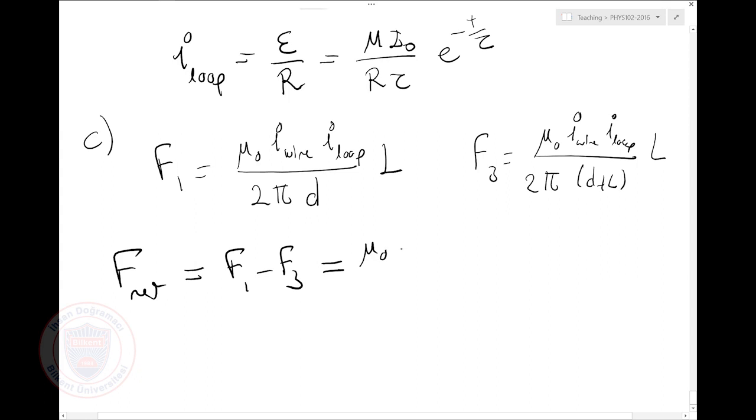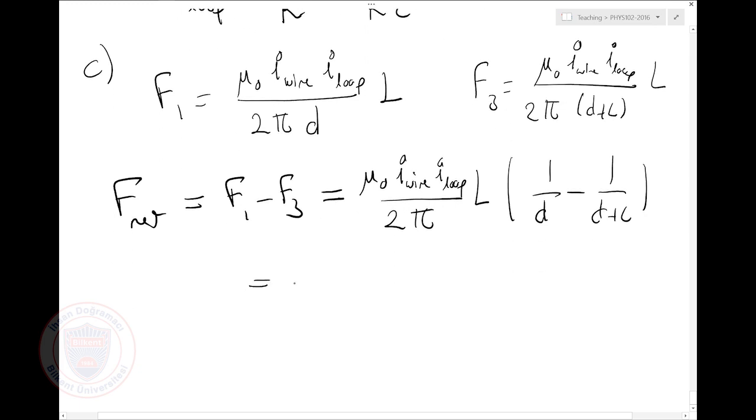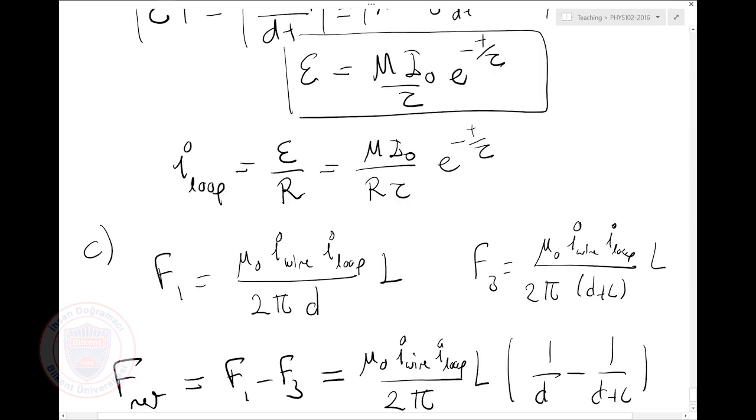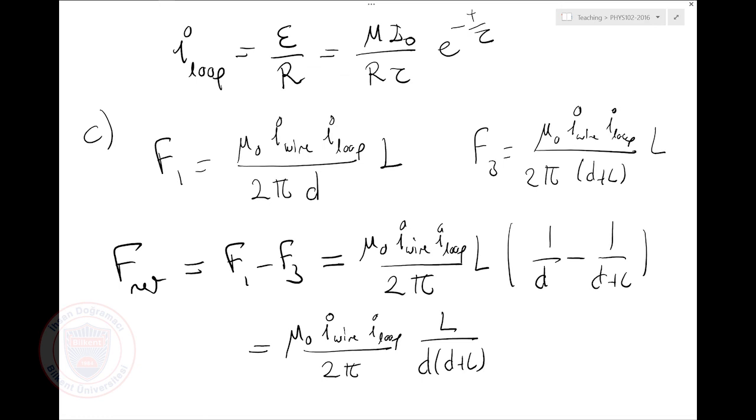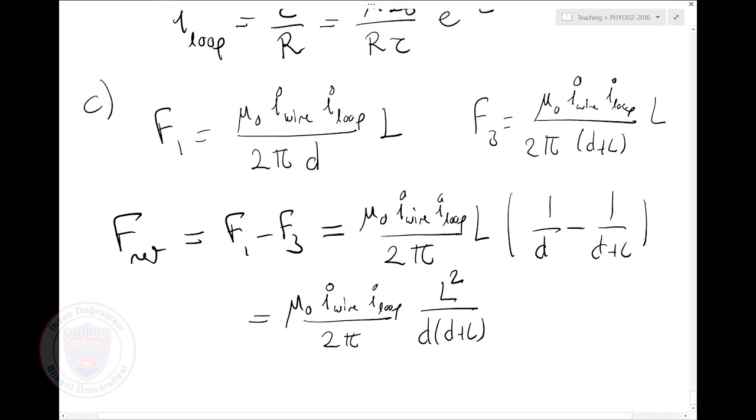So mu 0 I wire I loop divided by 2 pi, times L, times 1 over D minus 1 over D plus L. If I just do the algebra, L divided by D times D plus L, and I know what should be L squared, excellent.